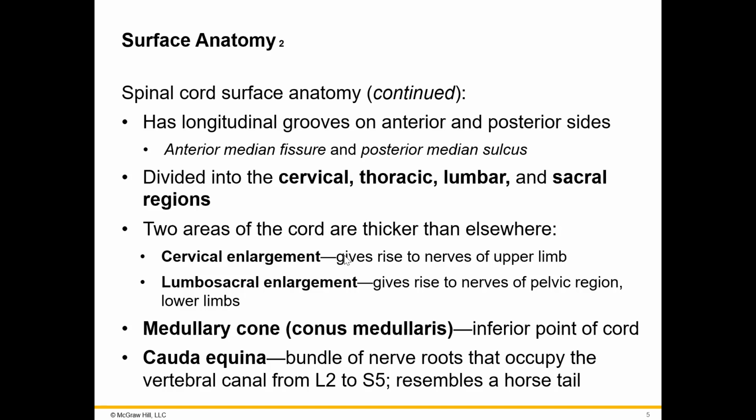So the brachial plexus and these very important nerves that regulate the axilla and the movement of the upper limbs require that the cervical portion of your spinal cord is more enlarged and has more ganglia and more nerve fibers. And also the lumbosacral region is an enlarged region, and it gives rise to nerves of the pelvic region.